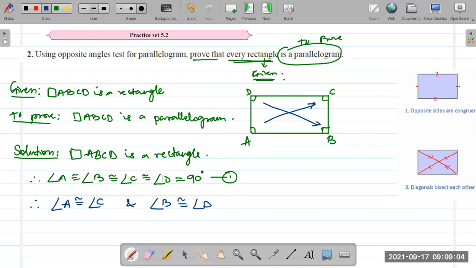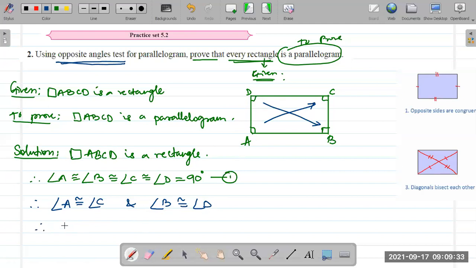We are intentionally grouping the angles in such a way that we get opposite angles together. If you write angle A and angle D are congruent, then that won't give you marks because we have to use the opposite angles test. So make sure that you are grouping the opposite angles together. So angle A is congruent to angle C, angle B is congruent to angle D.